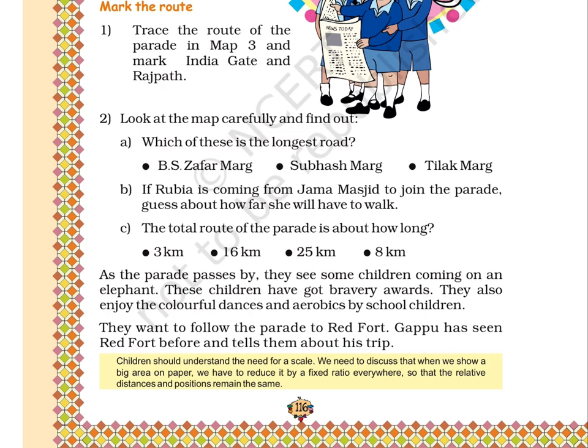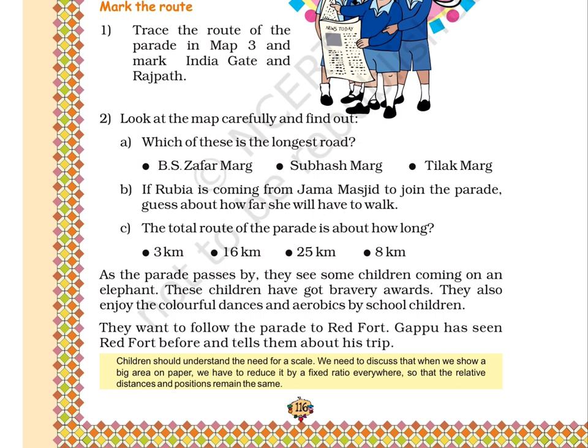B. If Rubia is coming from Jama Masjid to join the parade, guess about how far she will have to walk. C. The total route of the parade is about how long? 3 kilometers, 16 kilometers, 25 kilometers, or 8 kilometers.